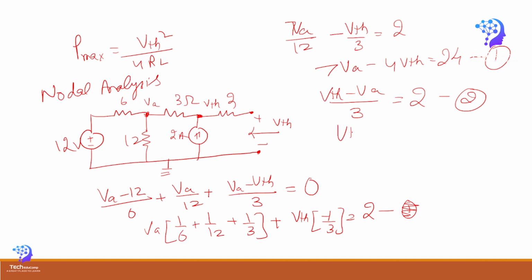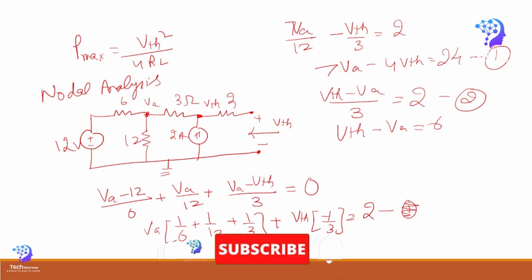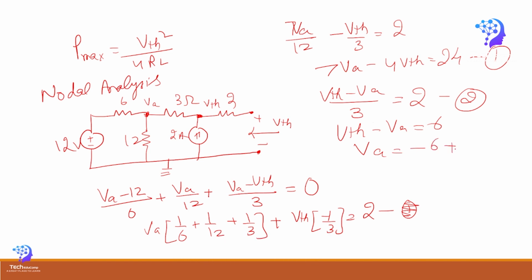Simplifying this, we have VTH minus VA equal to 6, or VA equal to minus 6 plus VTH. This is equation 3.